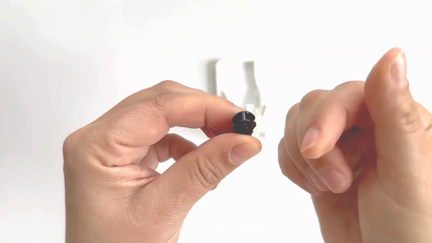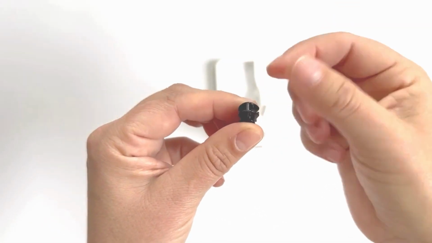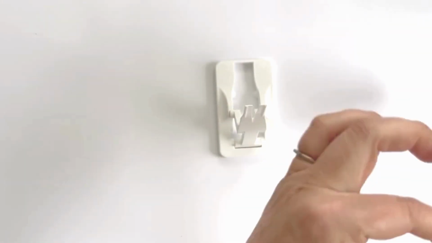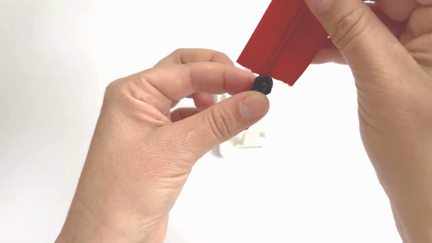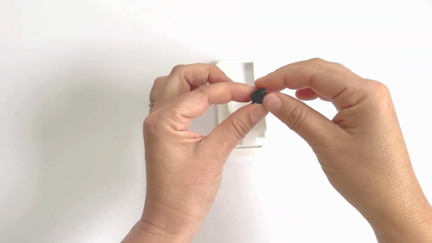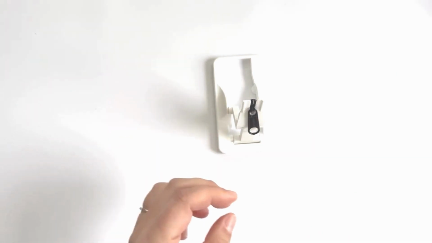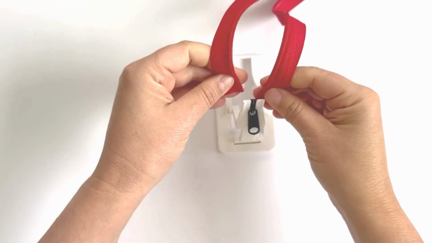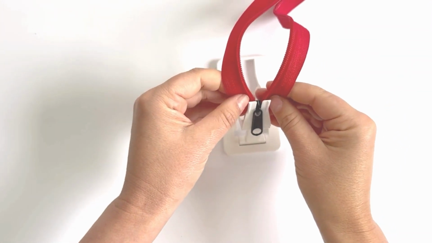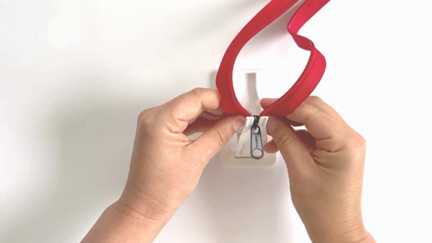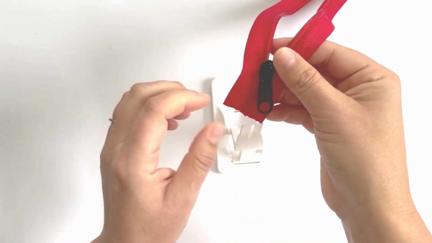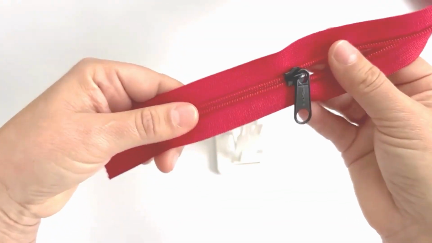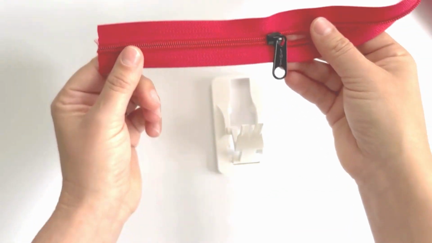With standard nylon coil chain, the coil teeth are going to face the front of the slider. So I'm going to attach my chain right here. And as you can see, I've created a standard looking zipper.